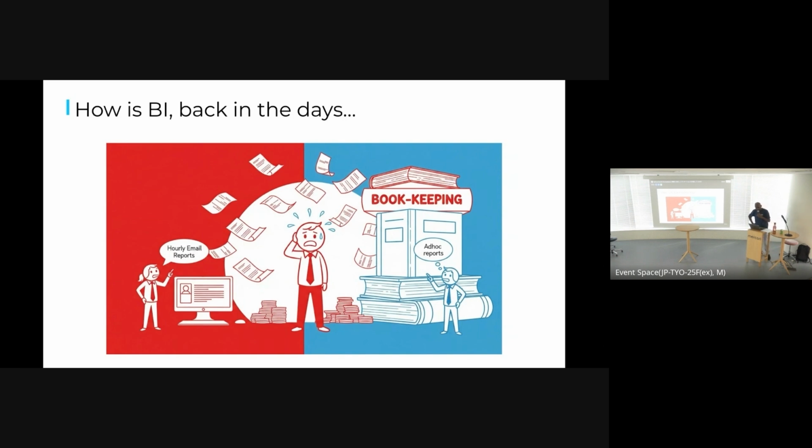What I'm talking about is about 10 years ago, or probably 7 years ago. All of those are driven by ad hoc reports. And if you work in fintech or banking related industries, those executives require reports in an hourly manner. They need reports every hour.